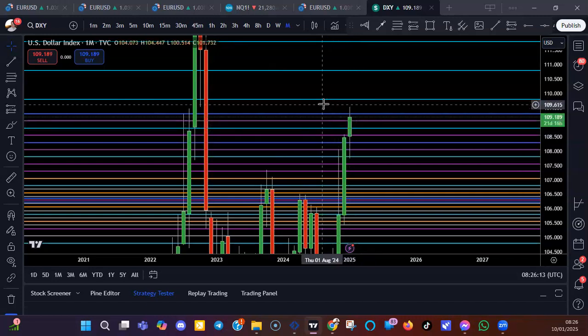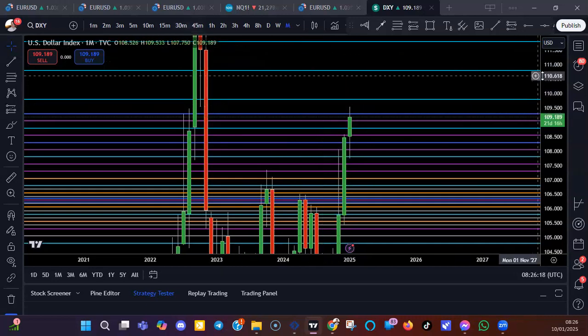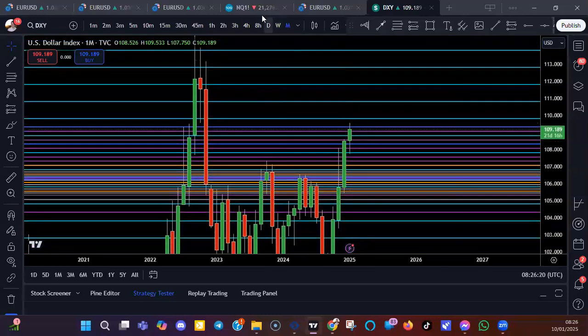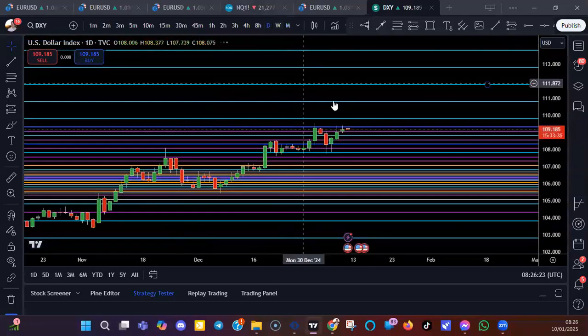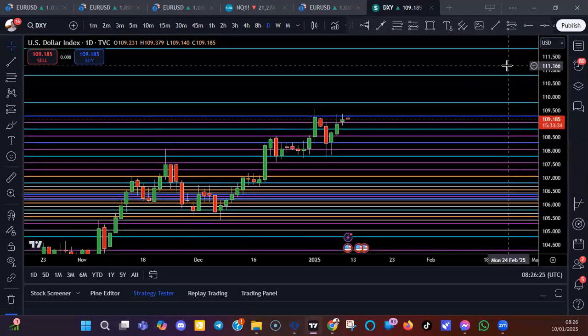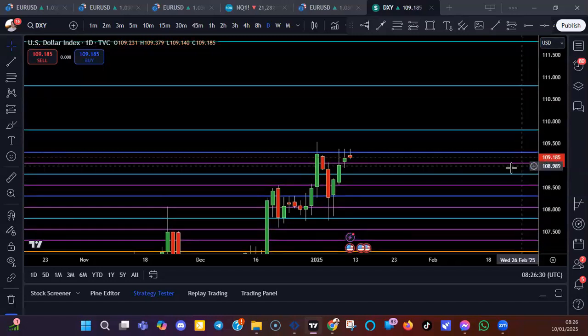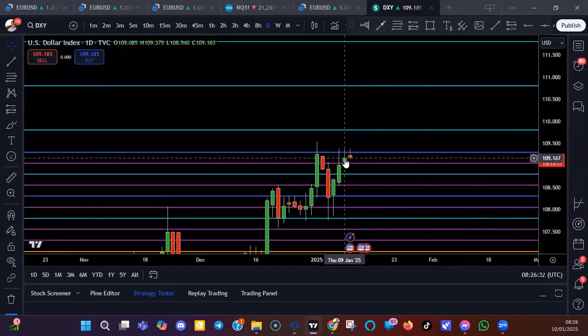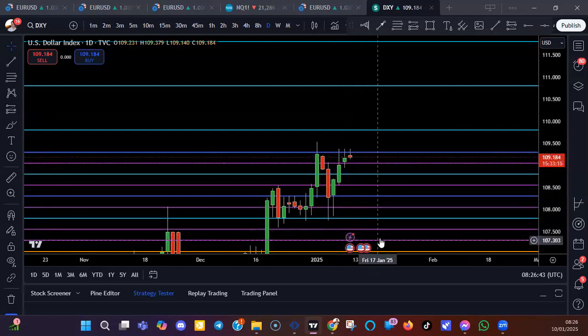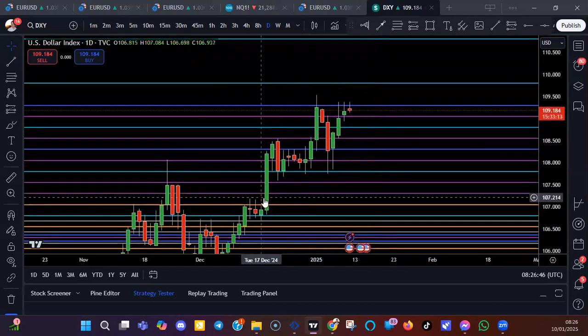So this is where we are with that. Go back on the daily, on the dollar. You can see indecision there, and indecision here as well, because we've got a wick below and a wick above, but it's indecision on the side, possibly going down to these areas down here.